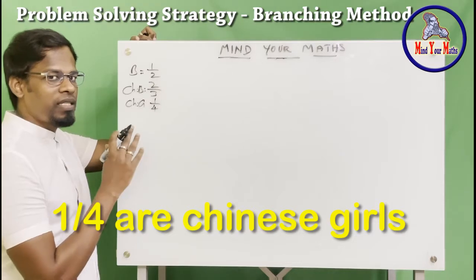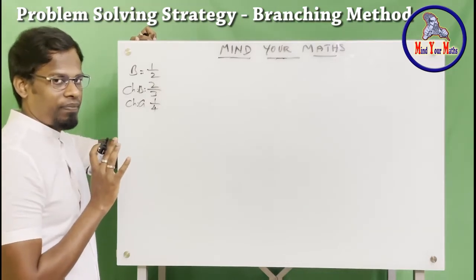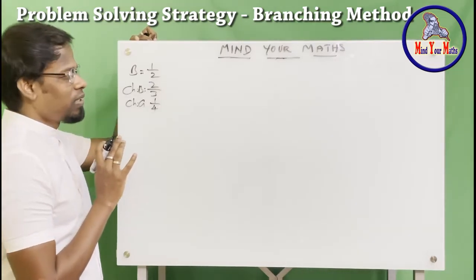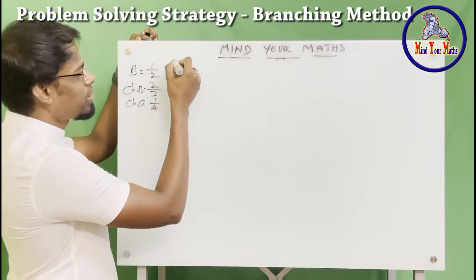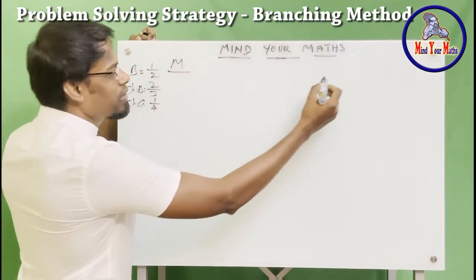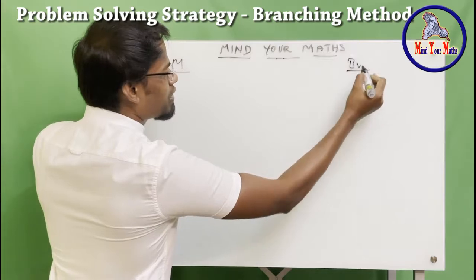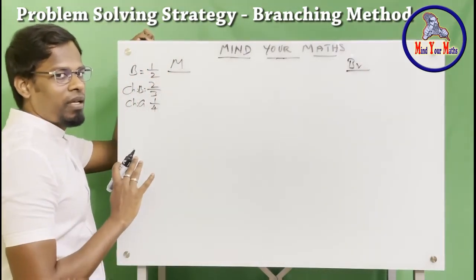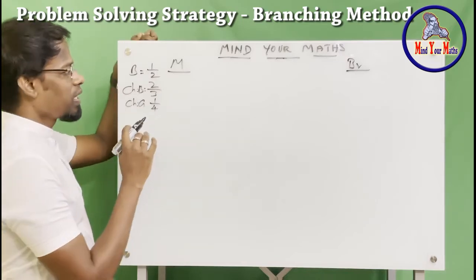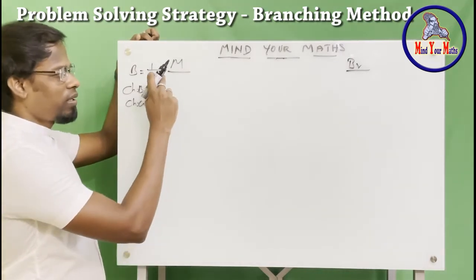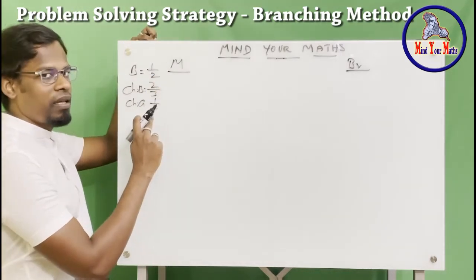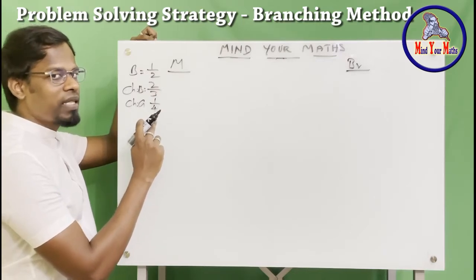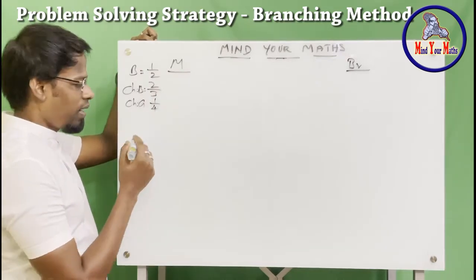So this is what is given in the problem. Now I will use this side for the model diagram and this side I will show you the branching method, so that you can relate both of them and then we will decide later. Let's represent all these three of them in the model diagram to understand and find the answer itself.